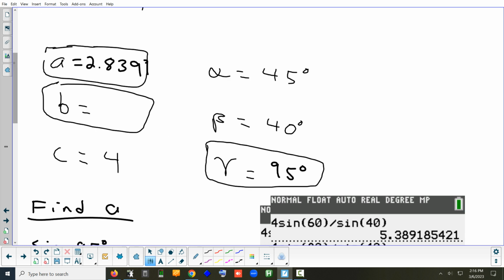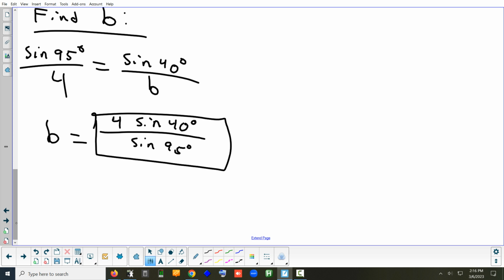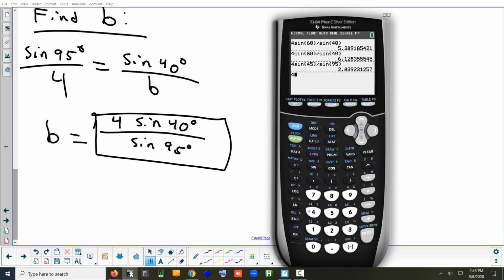And because beta is a little bit bigger, I would expect that to be a little, actually no, beta is smaller, so that should be a little smaller. Maybe 2.6, 2.7, I don't know. Let's see. 4 sine 40 divided by sine 95.